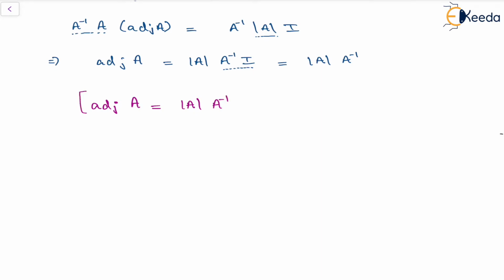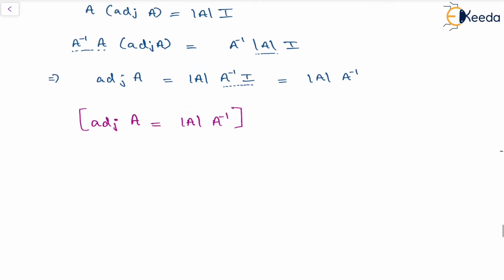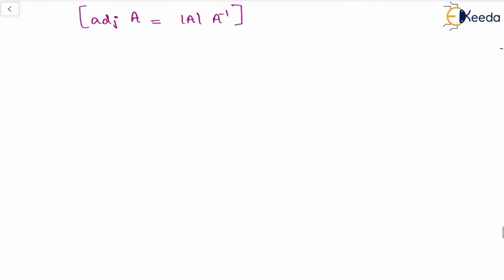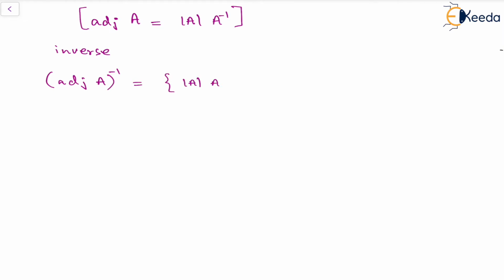We'll be using this to prove our theorem 2, and this says that if we try to take the inverse on both the sides, we will have adjoint A inverse as inverse of determinant A times A inverse.